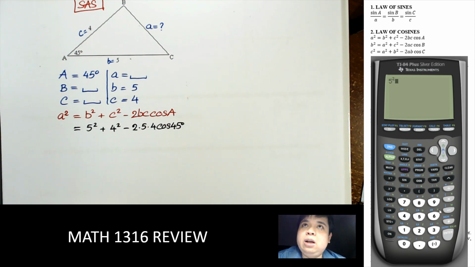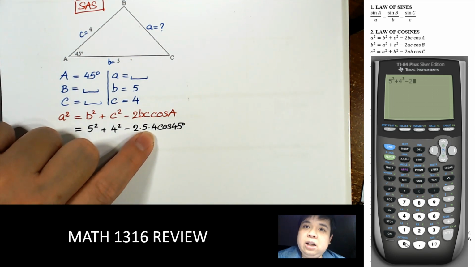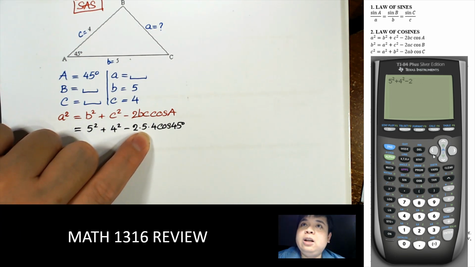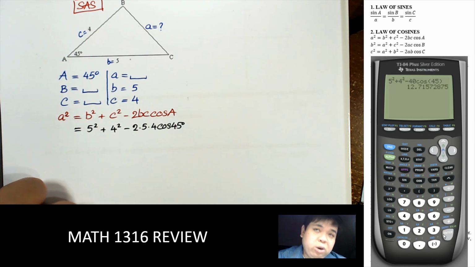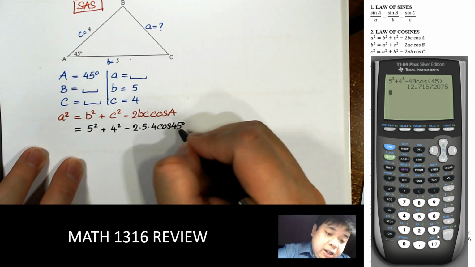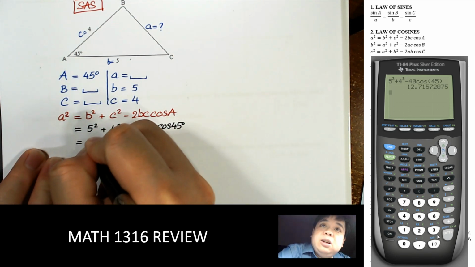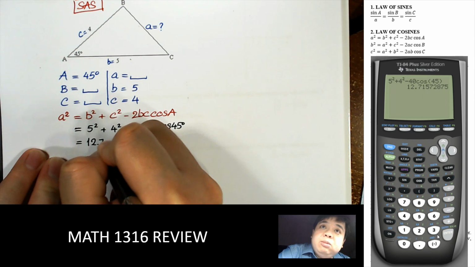So 5 squared plus 4 squared, minus that 20, and times 2 that's 40, cosine of 45 degrees. We get 12.72.